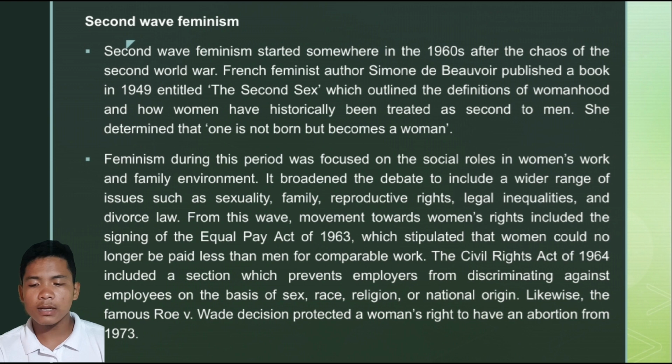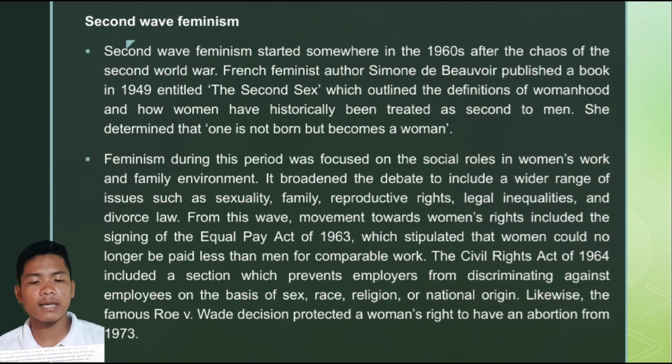It broadened the debate to include a wider range of issues such as sexuality, family, reproductive rights, legal inequalities, and divorce law. From this wave came movement towards women's rights, including the signing of the Equal Pay Act of 1963, which stipulated that women could no longer be paid less than men for comparable work.